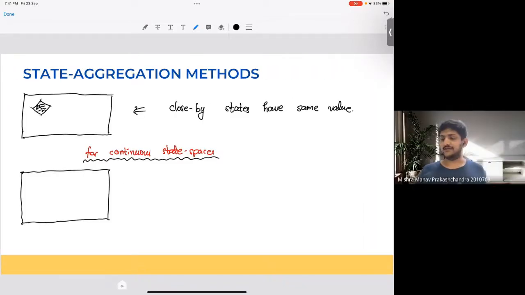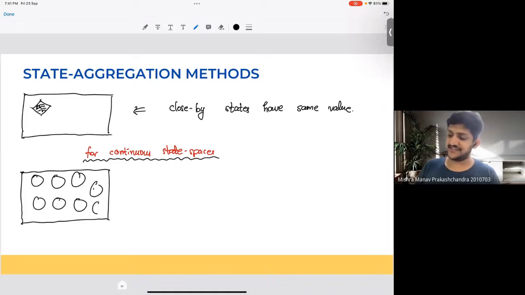Okay. So a state aggregation method is, let's say you have continuous states. Now all you want to do is basically club the nearby states together so that whenever you want to update one particular state, all the states that are clubbed in that region are updated as well. So the clubbing looks like this. So you make some circles.